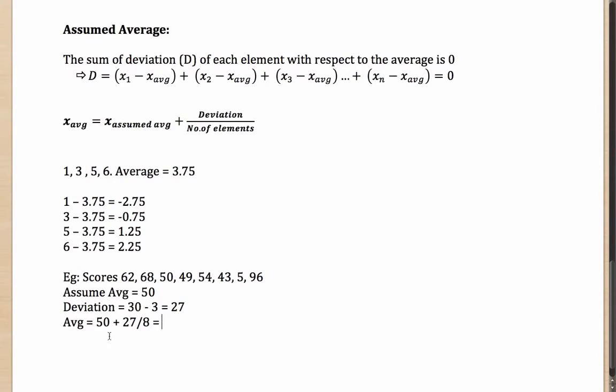And that will lead me to my answer. 50 plus 27 by 8 is 427 by 8, which is roughly 53, 53 times 8 gives 424, so 53 3 by 8, or 53.375. As you can see, I have very easily calculated the average without actually doing the cumbersome calculation of adding all of them up. So this method will reduce a lot of time in calculating averages.